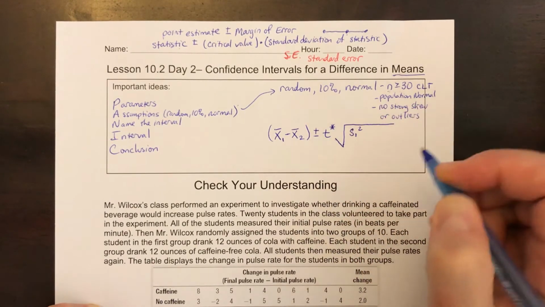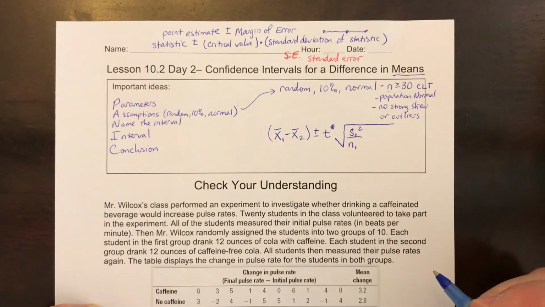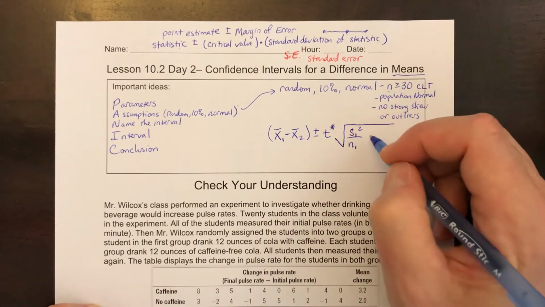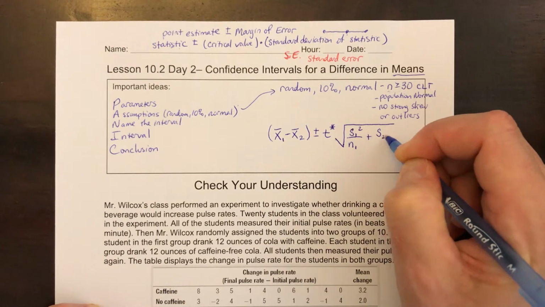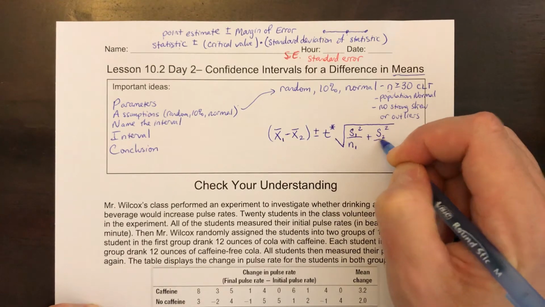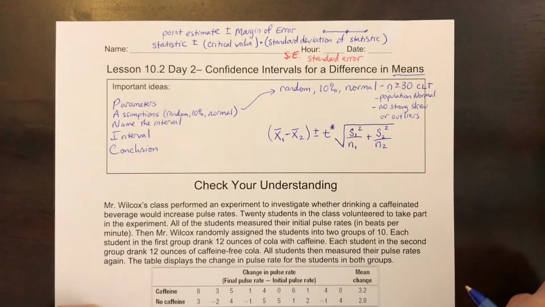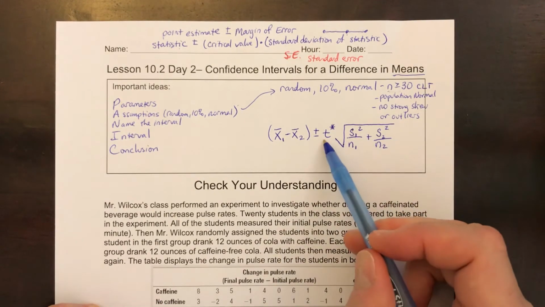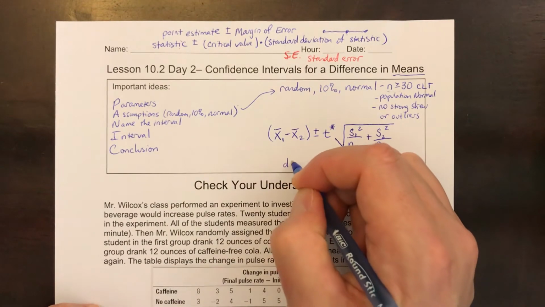So for the first population, that would be s sub 1 squared divided by the sample size of the first sample, n sub 1, plus the sample standard deviation of the second sample squared divided by the sample size of the second sample, n sub 2.